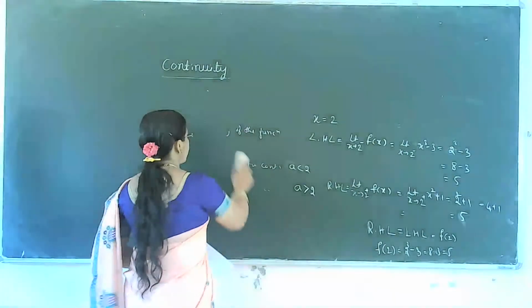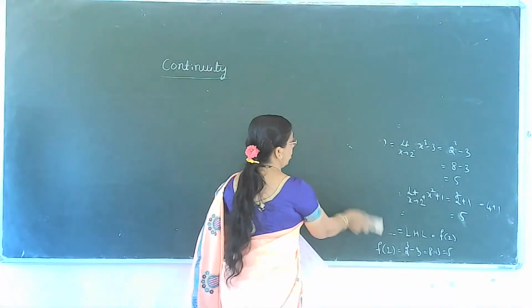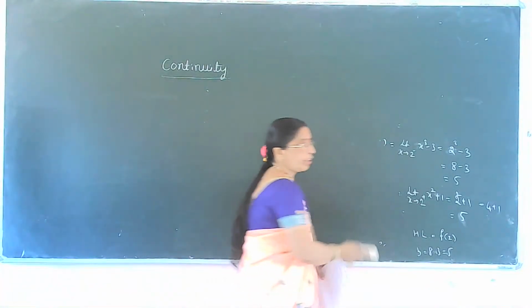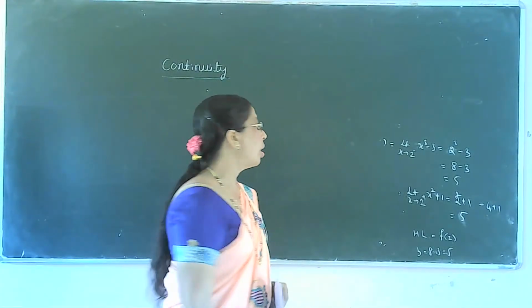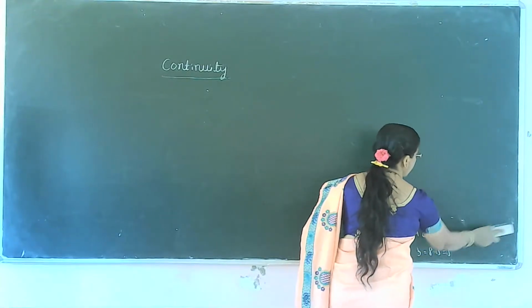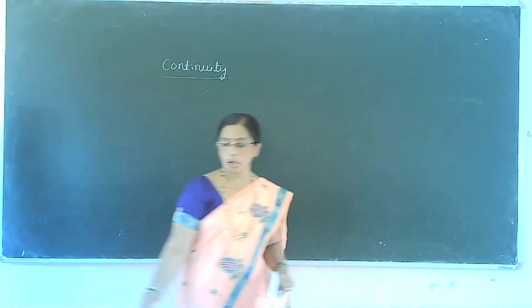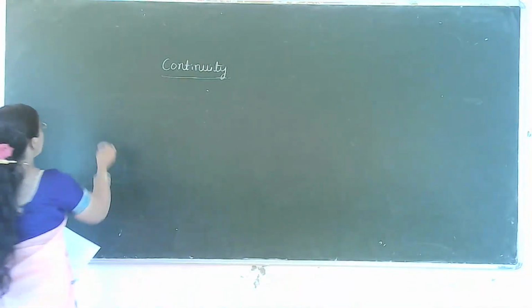We studied this in the previous class. Then we studied trigonometric functions. Trigonometric functions like sin x and cos x are also continuous functions. Usually we know the graphs of these functions also.